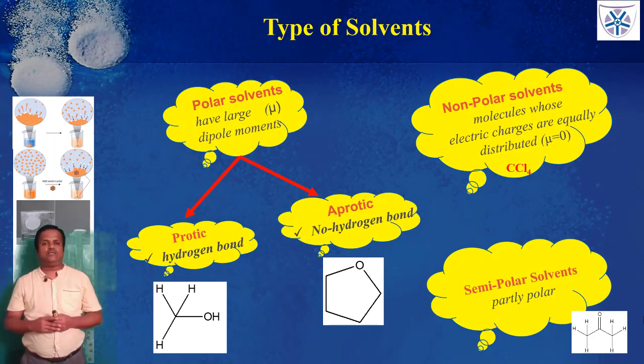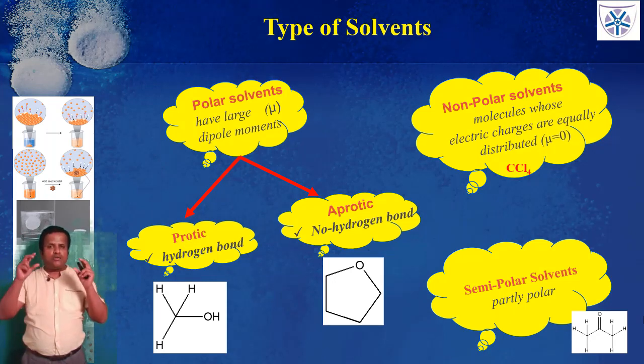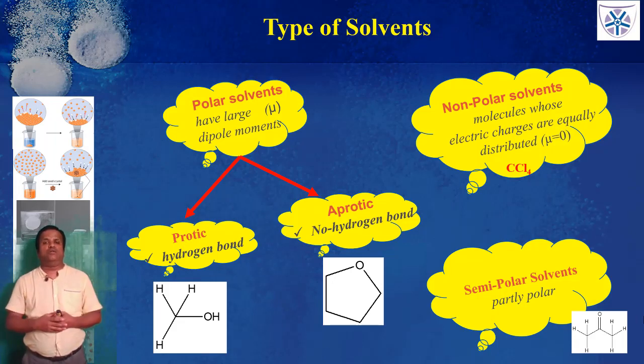All the chlorines at all the corners equally pull the electrons, so the electrons are equally distributed. Then the overall dipole moment charges cancel each other, so the dipole moment mu is equal to what? 0. So that is called a non-polar solvent.